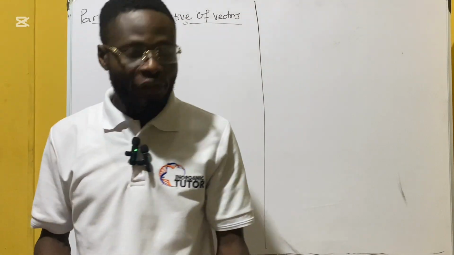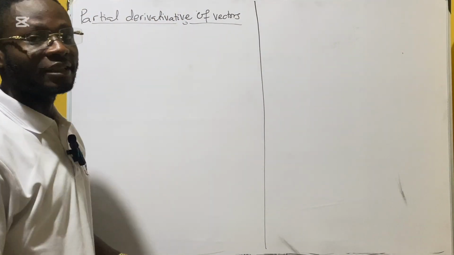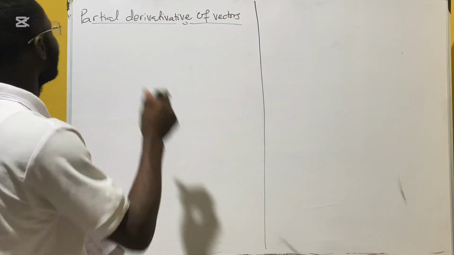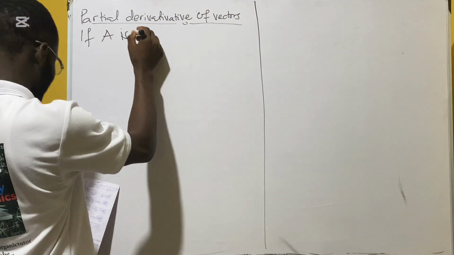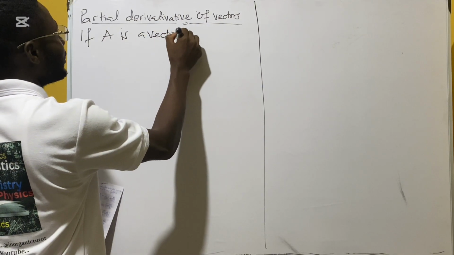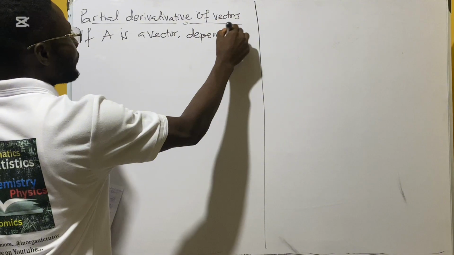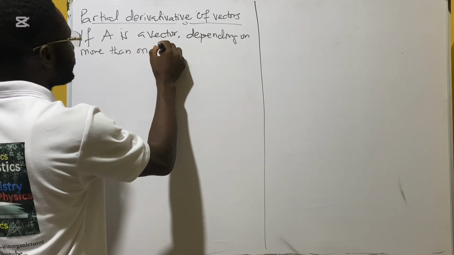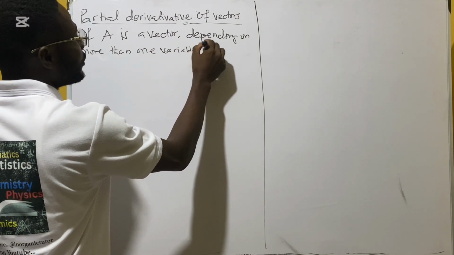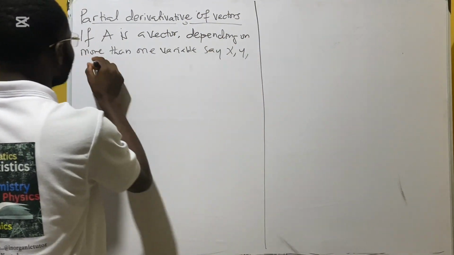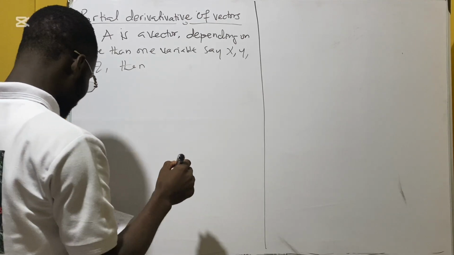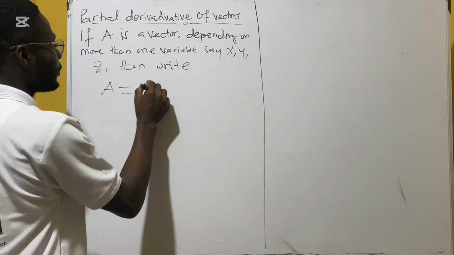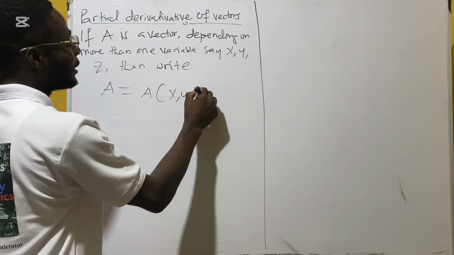For instance, if a is a vector depending on more than one variable, say x, y, z, then we can write a as a of x, y, and z.